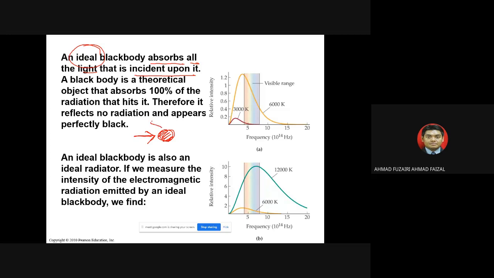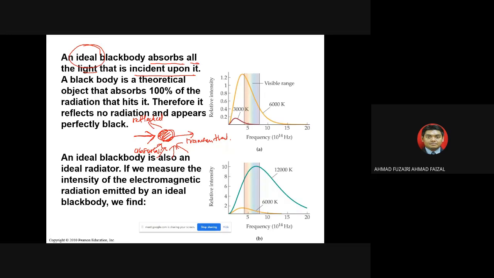Maybe the light will be reflected, and maybe the light will be transmitted, transmitted means it can go through the object, and maybe it will be absorbed.